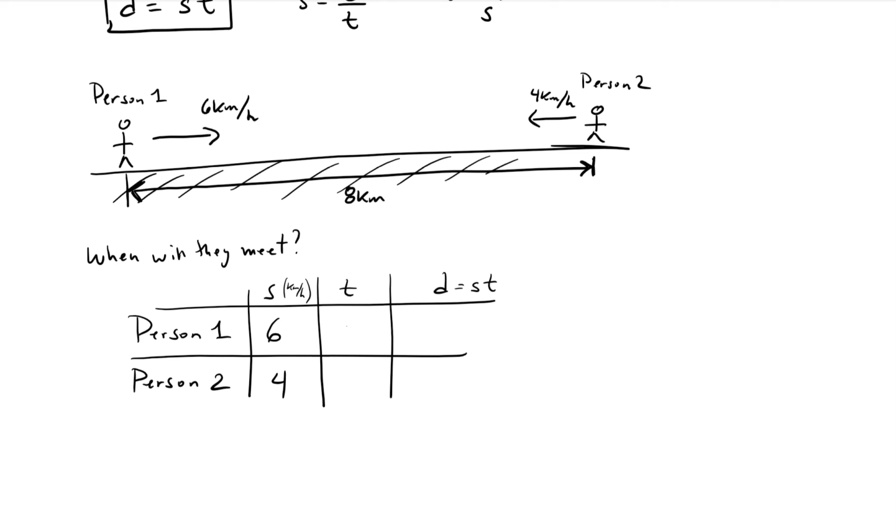This I don't know actually. Well, time is how long they will walk. That's exactly what I'd like to know. So I can see this is going to be my variable. I don't know how long they will walk, but once I know the value of t and the speed, I can recover the distance. Distance is the product of the two.